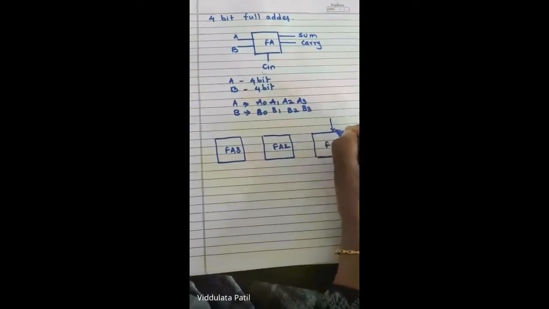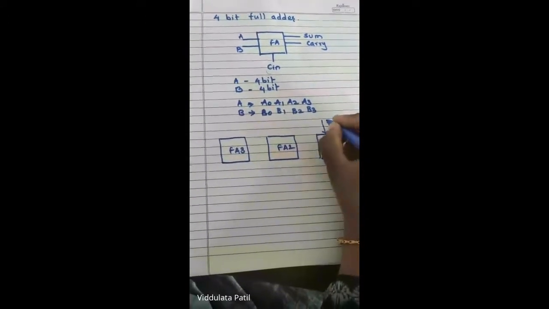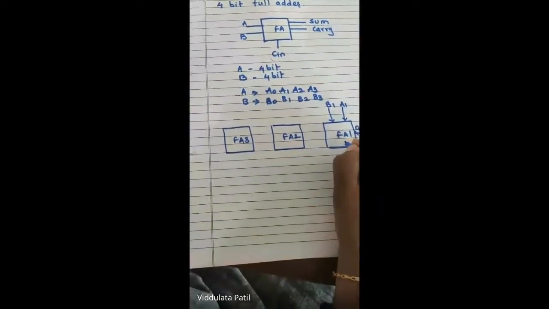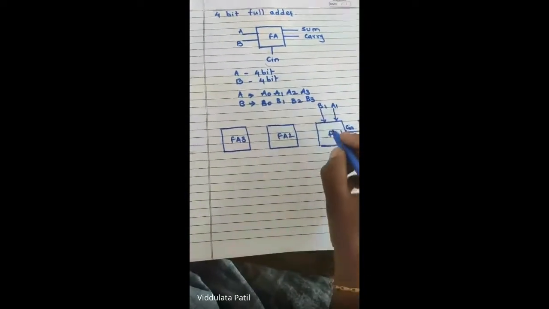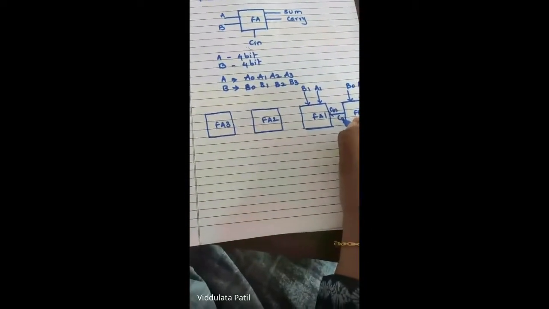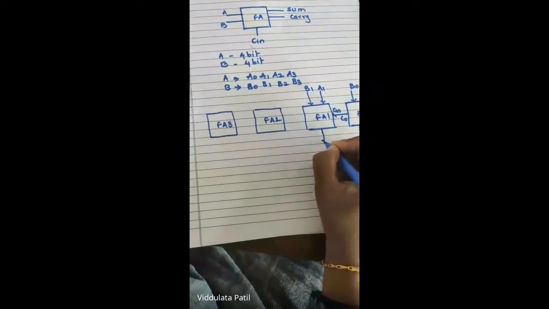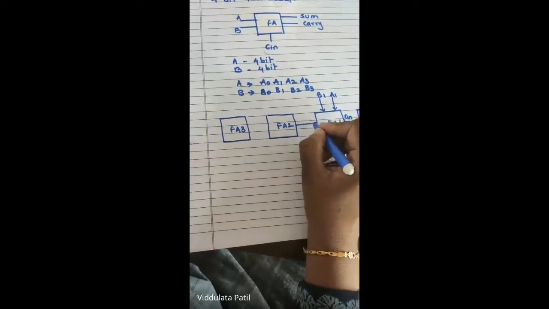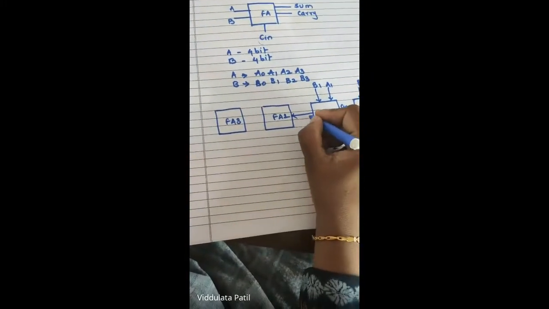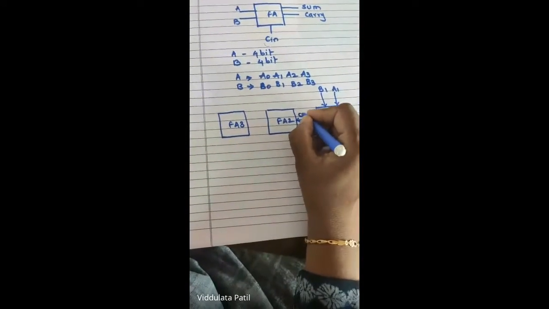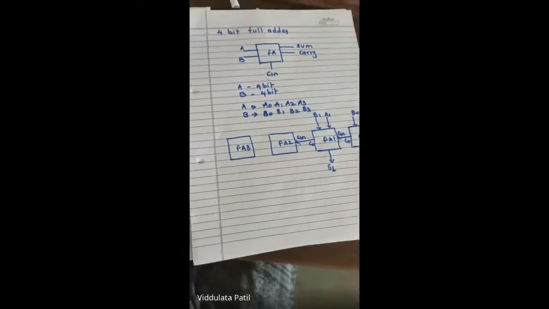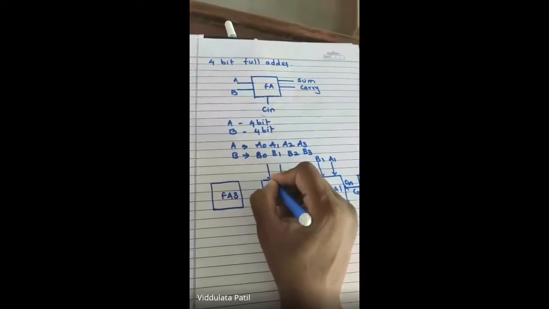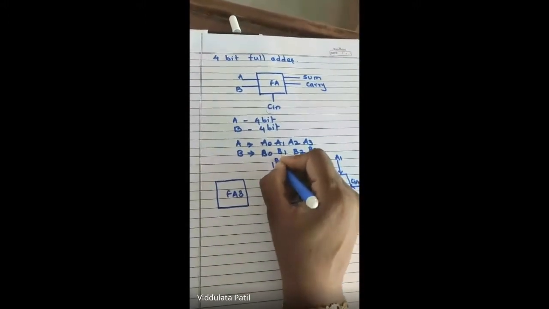Here this carry will be added with the bits A1 and B1. So the inputs to FA1 are A1, B1 and the carry in, which is nothing but the carry out of FA0, and we get the output sum S1. Then there is one more output, the carry out, which acts as carry in for FA2, where we add the bits A2 and B2.